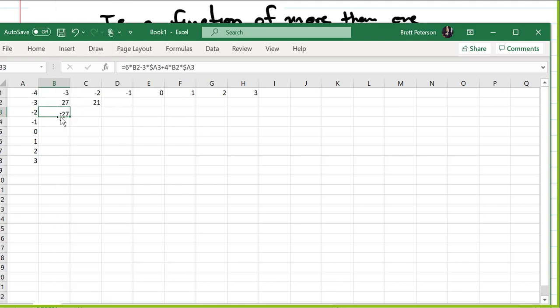So when I look at this column right here where I got negative 48, my B2, it's now referencing the thing above it. So what didn't I want to change? In this one, I want the numerical part to stay the same, and the A3 was where it was going to be. In the previous one I fixed the A, and in this one I need the B's not to be changing.